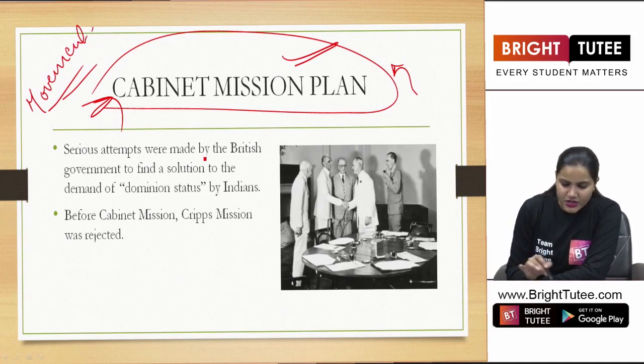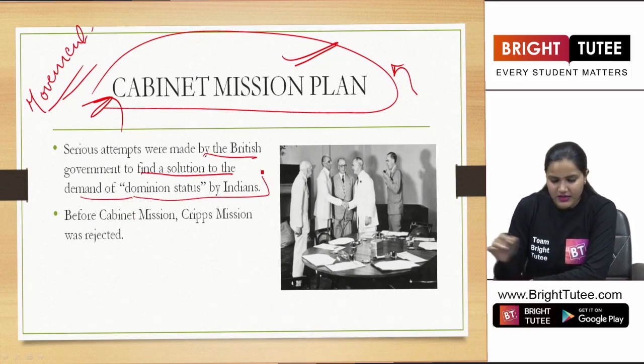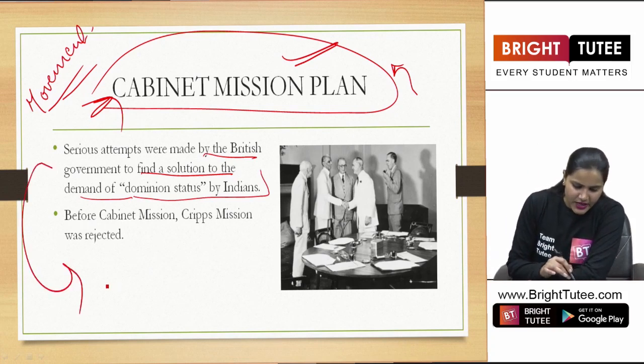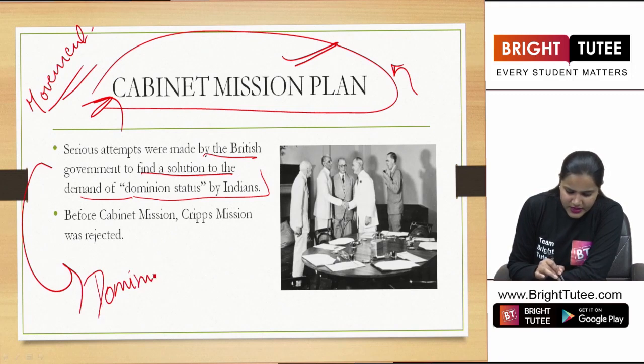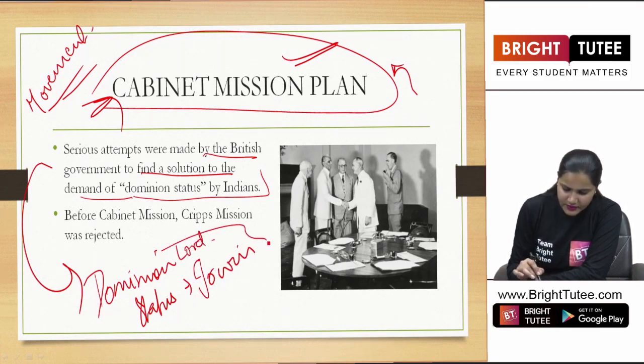Now, serious attempts were made by the British government to find a solution to the demand of dominion status by Indians. Now, do you remember the dominion status that we had already talked about? Yes. Here, we talked about the dominion status that was offered by Lord Irwin, correct?